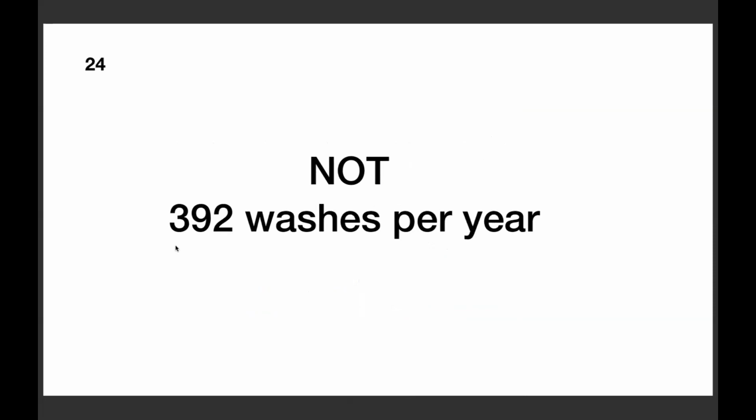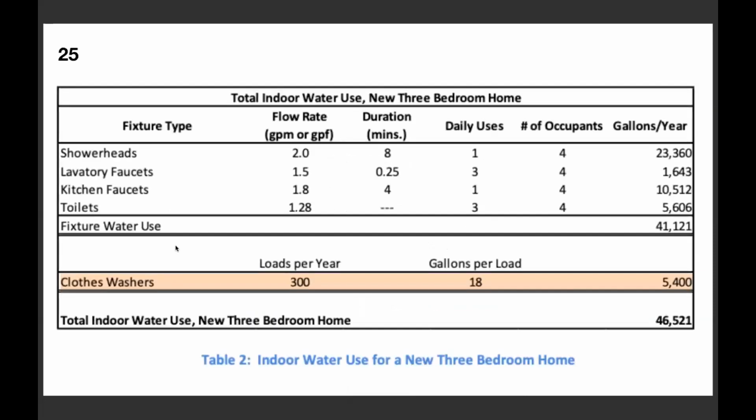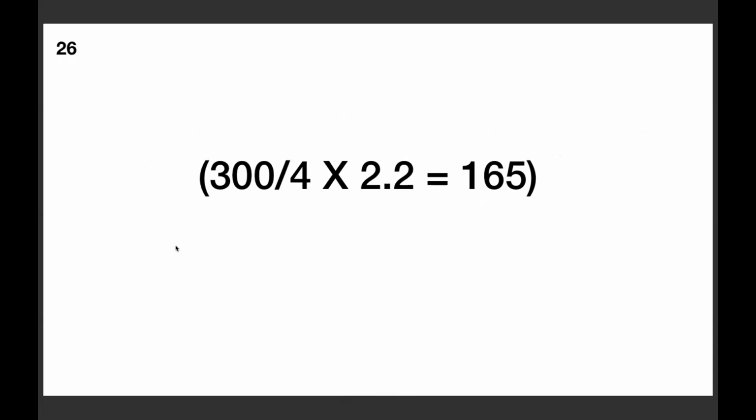But Codes and Standards actually estimates the average household of 4 washes about 300 times per year. If the average number of washes for a family of 4 is really 300 times per year, a Los Osos family of 2.2 would wash an average of 165 times per year.